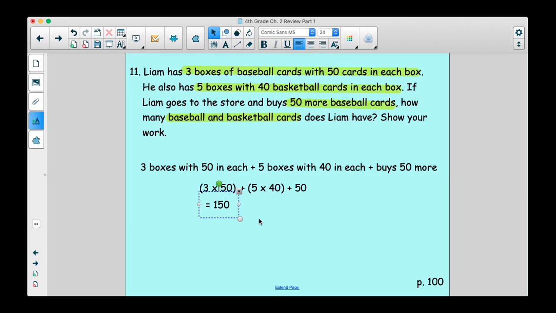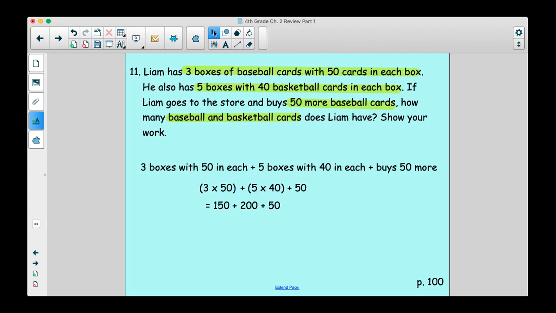Maybe you would do 40 times 5 and say 40, 80, and kind of count by 40s 5 times. You could do that. Or maybe you remember 5 times 4 tens. So 5, 10, 15, 20 tens is the same as 200. So 5 times 40 is 200 plus 50 more.